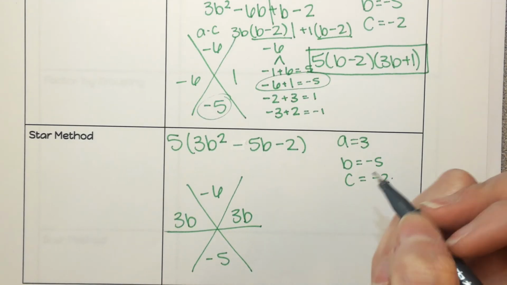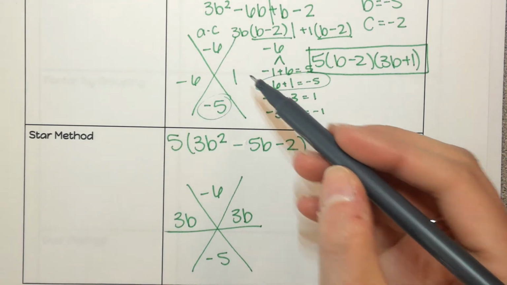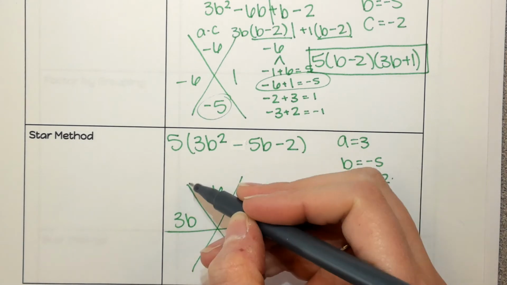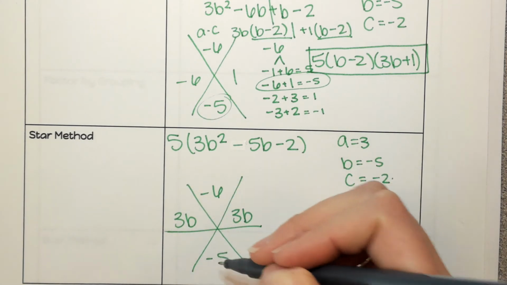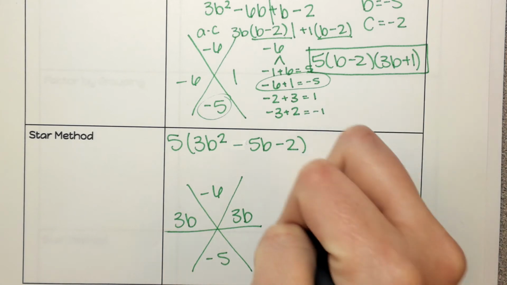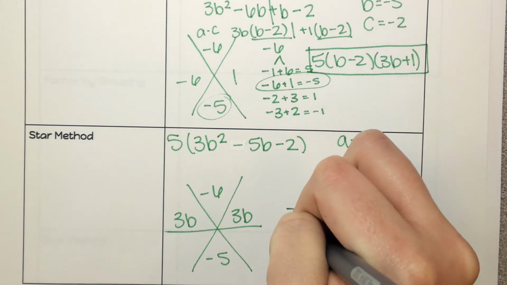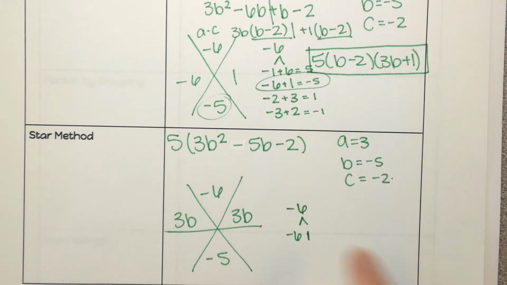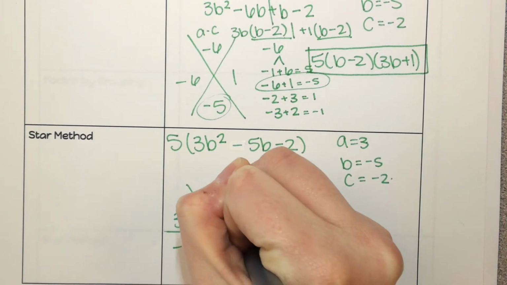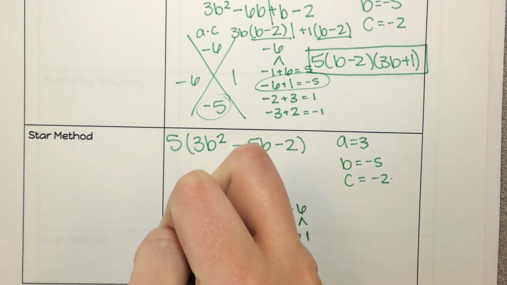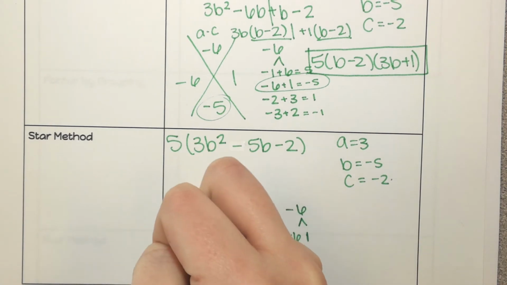Okay, so very similar to what we did up here, factor by grouping. We need factors of negative 6 that add to give me negative 5. And I know that we did it up here. And so when you broke it down, we found that negative 6 and positive 1 were the two factors. So negative 6, positive 1. 3 over 6 simplifies to 1 over 2.